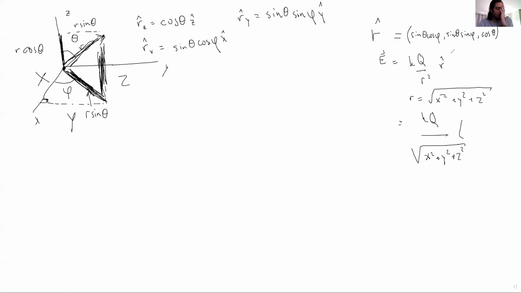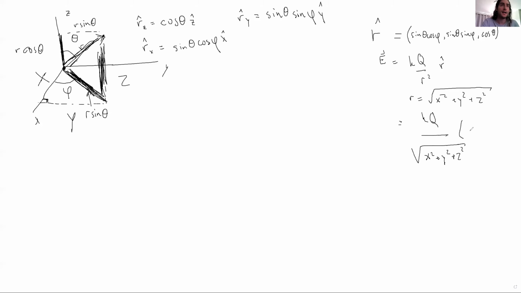We can always, and actually I should have done this instead, rewrite r hat again here. Another way of expressing r hat, I don't know why I didn't think of this right away. I kind of just went straight to spherical polar coordinates because I was thinking in terms of spherical polar coordinates for r hat.